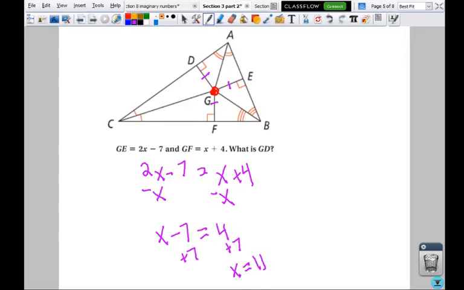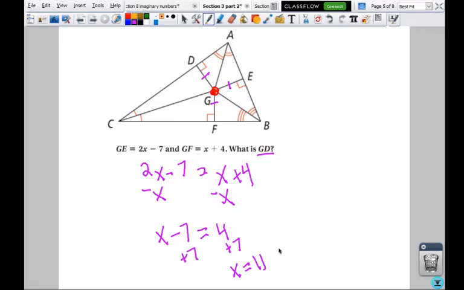But did I find GD? I found x. Did that answer the question? No. Because it said, what is GD? GD is going to be exactly the same as the other two, right? So I'm going to take x and plug it into one of them. I'm just going to plug it into x plus 4 because that's easy.